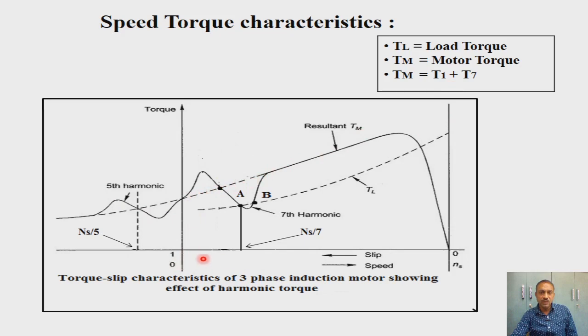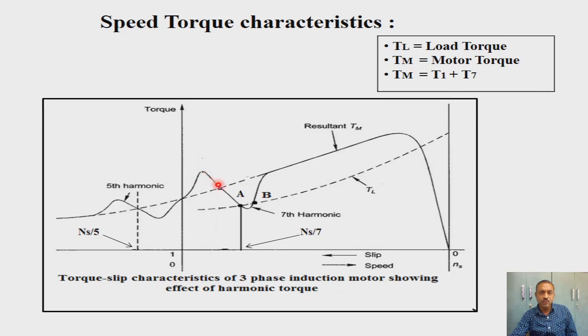When the speed, shown on the x-axis, is 0, there will be a certain amount of starting torque, so the characteristic starts at this point. The seventh harmonic torque goes on increasing, so the resultant torque also goes on increasing, reaching its peak near about 1/7 of the synchronous speed of the fundamental torque.